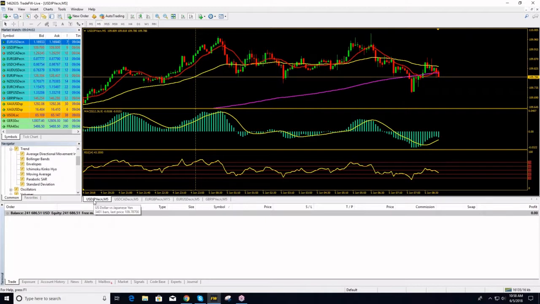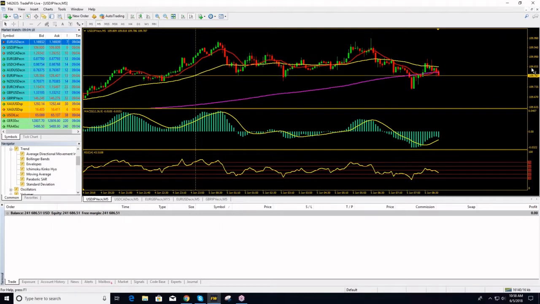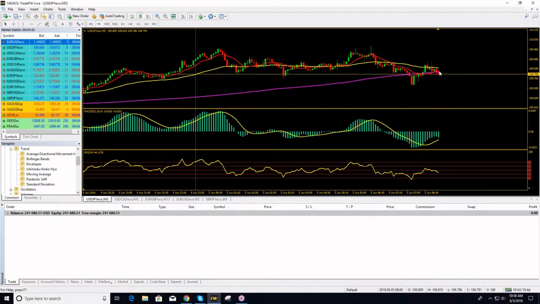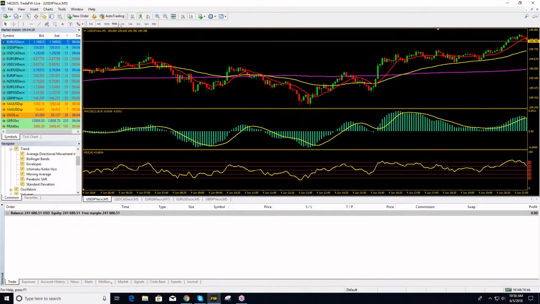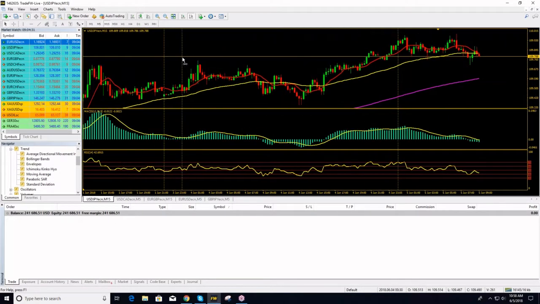So the first one is dollar yen. The only thing that we are waiting on the 5-minute chart, we want the red MA, the short-term MA, to close above the MA50 and MA200, and then we will look for a long position for dollar yen today. As you can see, what happened yesterday, let me put the 15-minute chart.